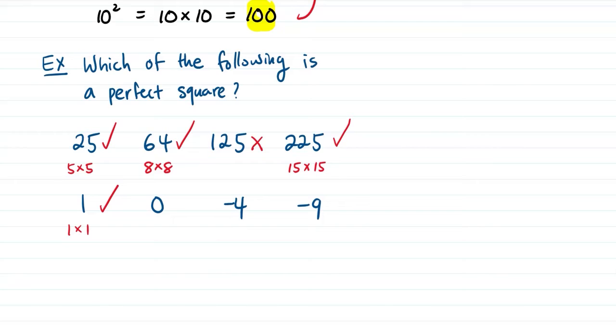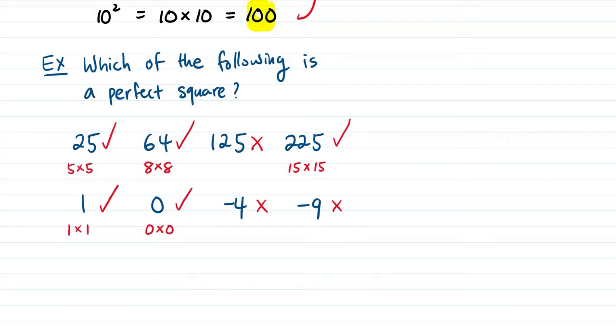And 0 is 0 times 0, so technically it is a perfect square because we are multiplying a number by itself. -4, if it was +4, then it would be a perfect square, but since there is a negative sign, this won't be a perfect square. Same as the -9, so this won't be a perfect square.